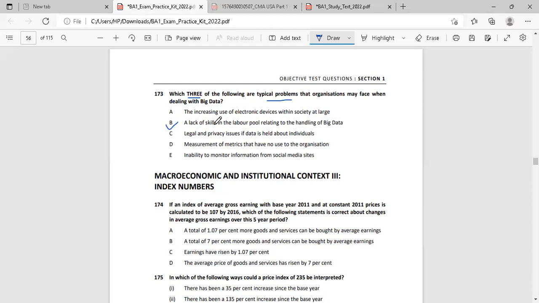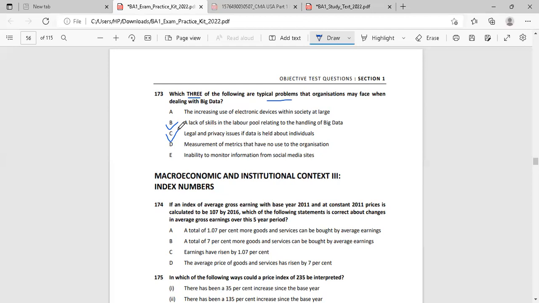C we can also say is correct, because of legal and privacy issues if the data is held about individuals. Data confidentiality is always a big issue. If it cannot be handled properly, because when the data is captured and analyzed, if it is sensitive data and there is no protection to such data, because multiple people have to handle this data, any kind of privacy issue arises, and that can put them into trouble.